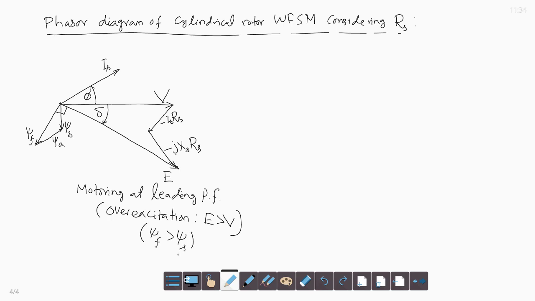Let us draw the phasor diagram for the generator. Supply voltage V, stator terminal voltage V, stator current Is at angle phi, because it is generating operation, stator current is almost out of phase with the voltage, and this is the stator resistance drop, minus Is into Rs.